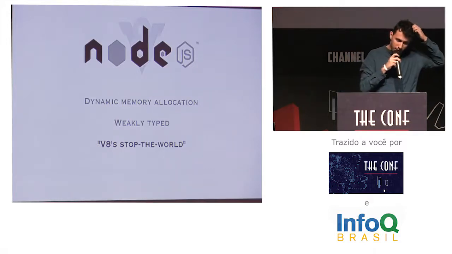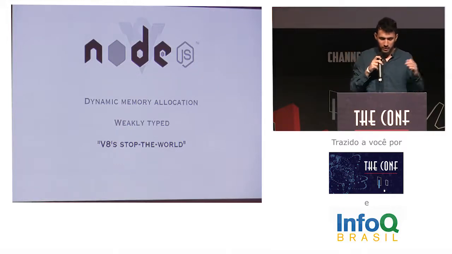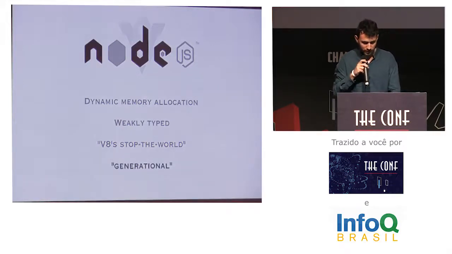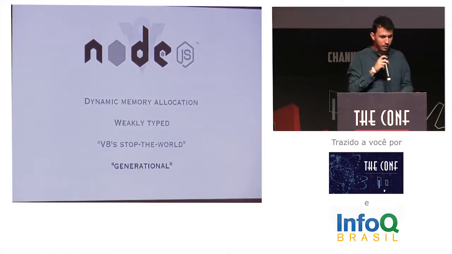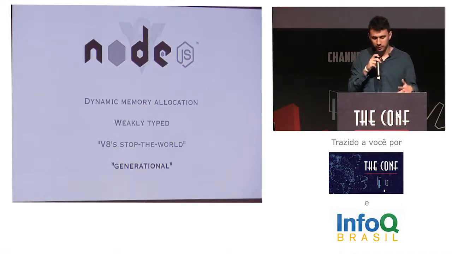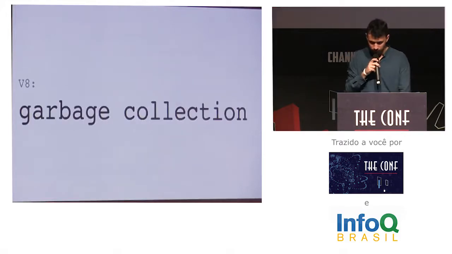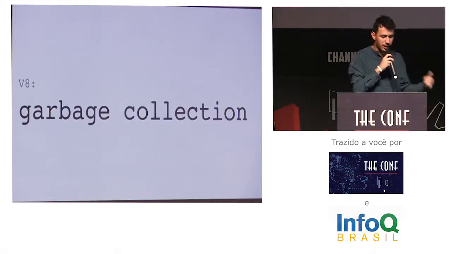Probably many of you hate this in Node.js, because it stops the entire program and then, okay, let's resume it. And generational, but I will talk about it later. For now, it's nice to understand that it helps Node.js a lot to identify memory life. Okay, let's talk about garbage collection.